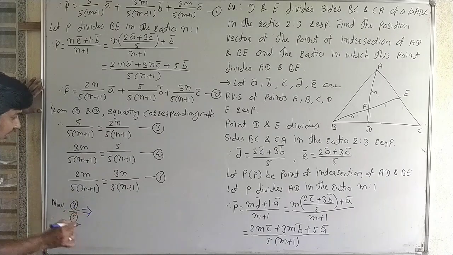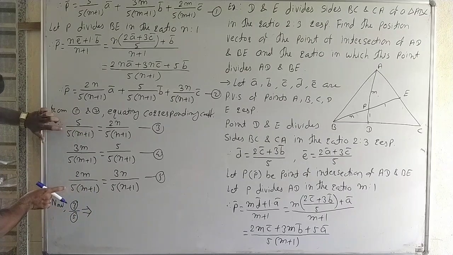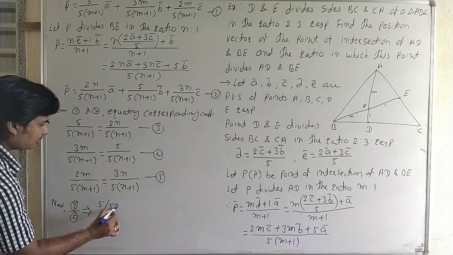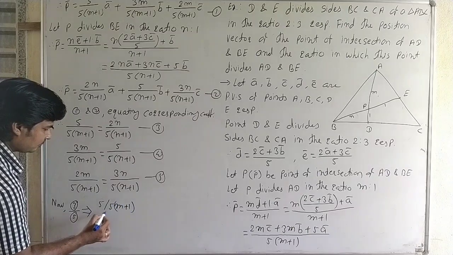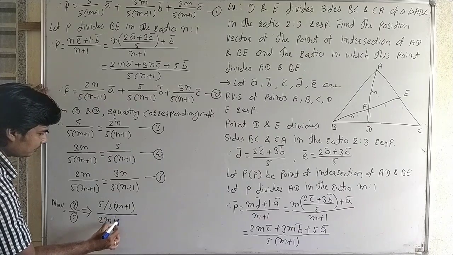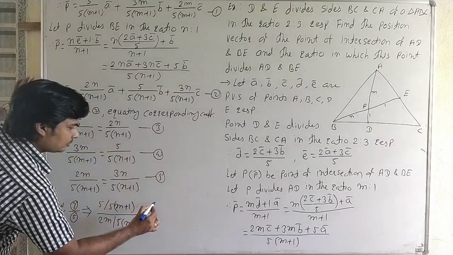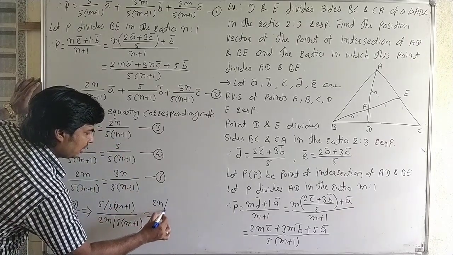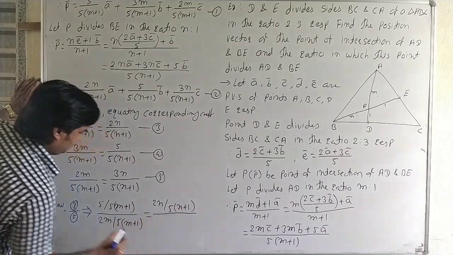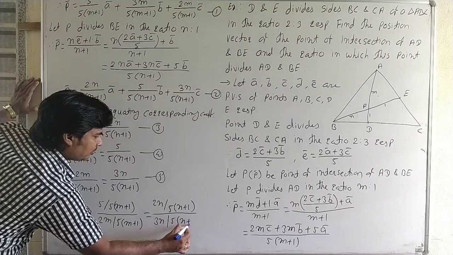Equation 3 is 5 upon 5m plus 1, divided by 2m upon 5m plus 1, is equal to 2n upon 5n plus 1 divided by 3n upon 5n plus 1.